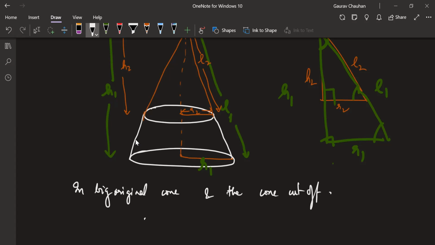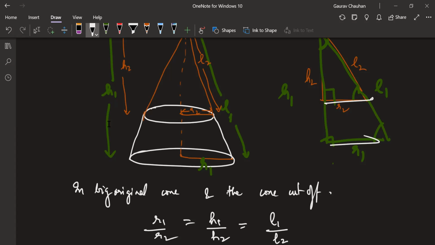Because the two triangles are similar, my ratio of sides will be the same. So R1 by R2, this by this, will be equal to H1 by H2, is equal to L1 by L2. Does that make sense?